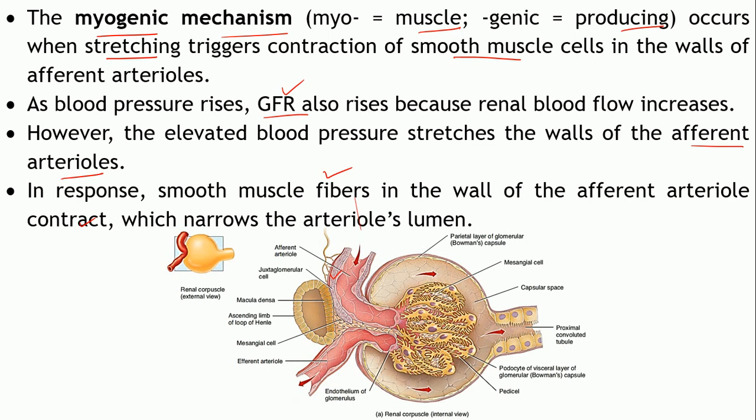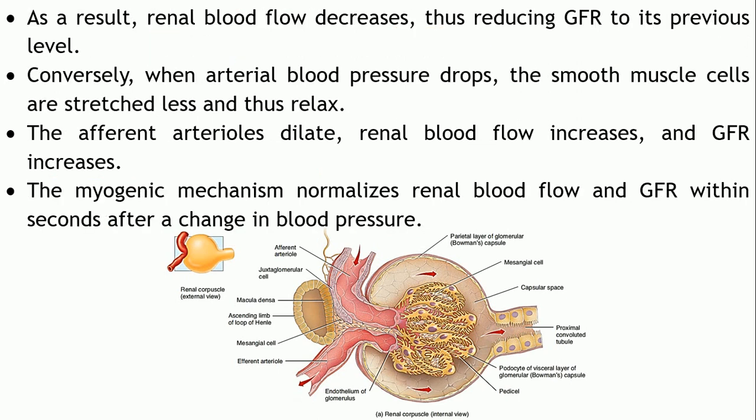So as a result of this, what will happen to the lumen of the arterioles? It will narrow down. So because of this, the blood flowing to these capillaries will get reduced. So because of this, the GFR also will get reduced, right?